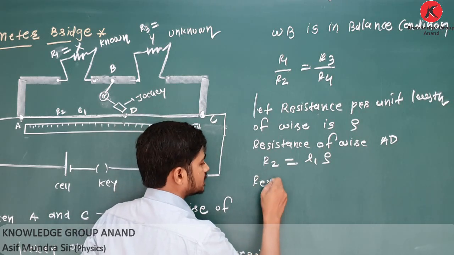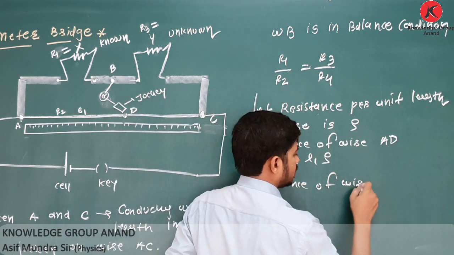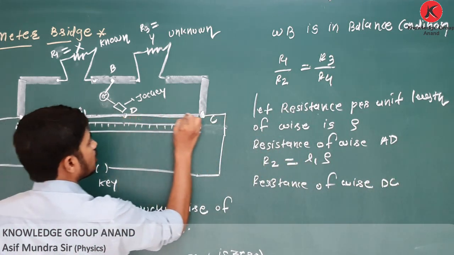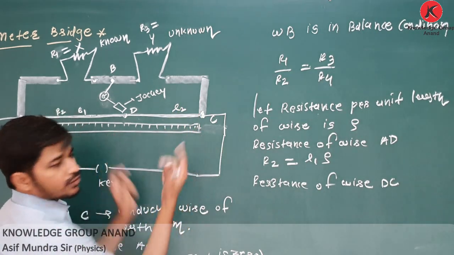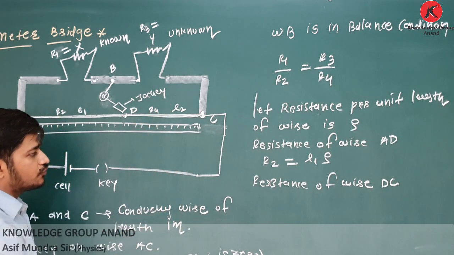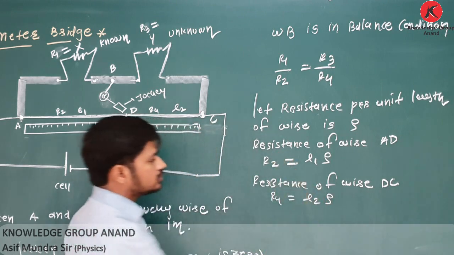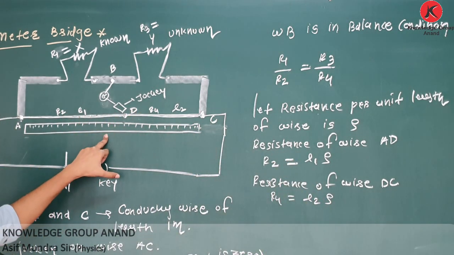Similarly, for wire DC, let its length be L2. With the help of this scale you can measure its length, so its resistance R4 is L2 rho. You have to measure L1 and L2 with the help of this scale.